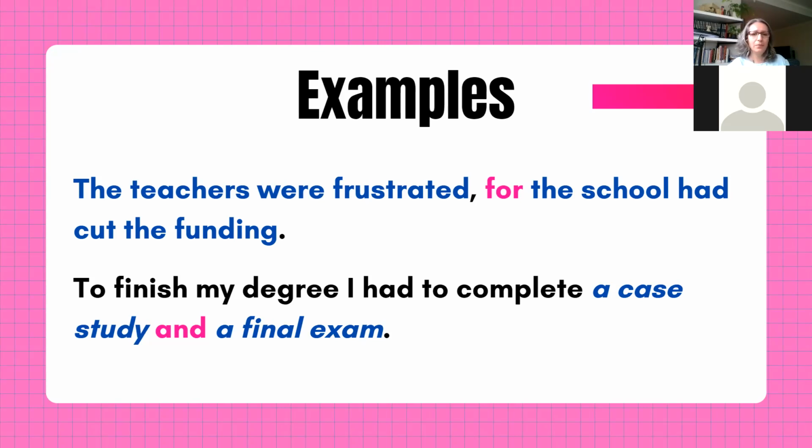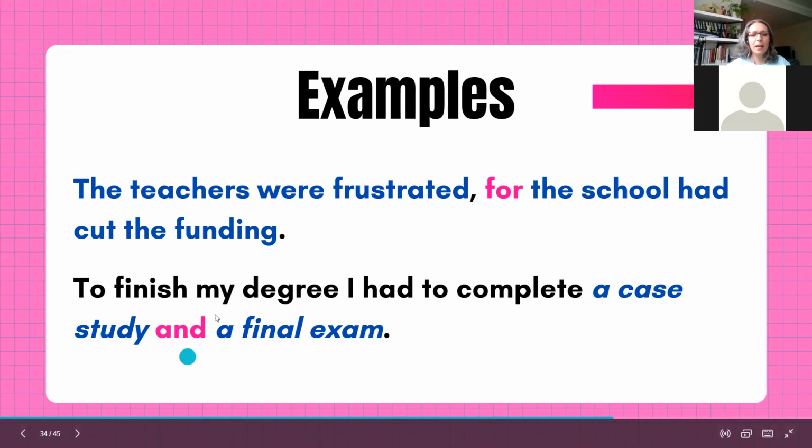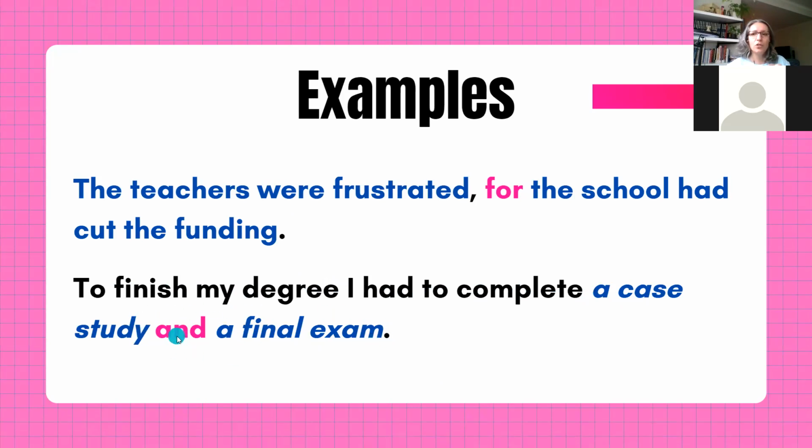The second example, to finish college, I had to complete a case study and a final exam. In this case, this is a complex sentence, but that's not what we're going to talk about just yet. So we've got this bit here. To finish my degree, I had to complete a case study and a final exam. In this case, and joins two noun phrases, a case study and a final exam.